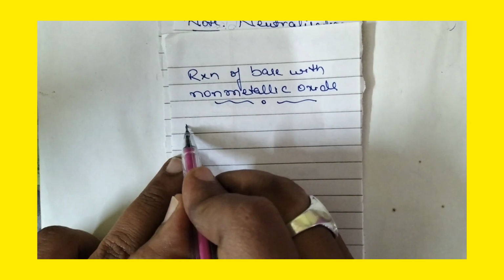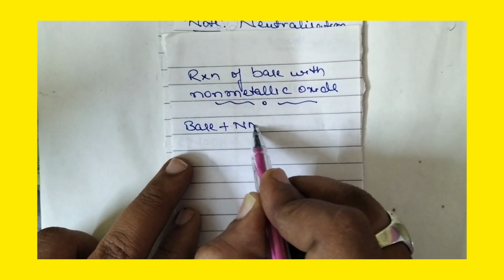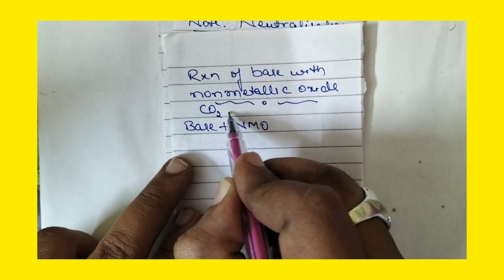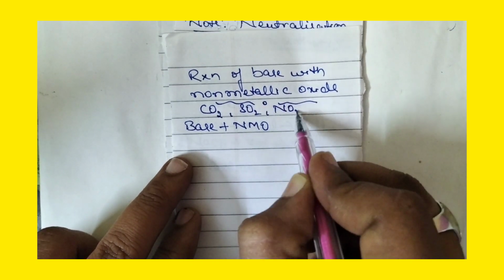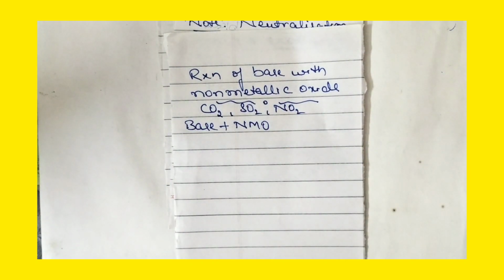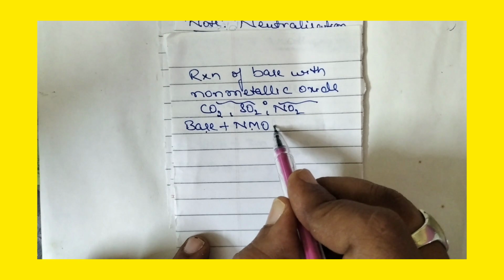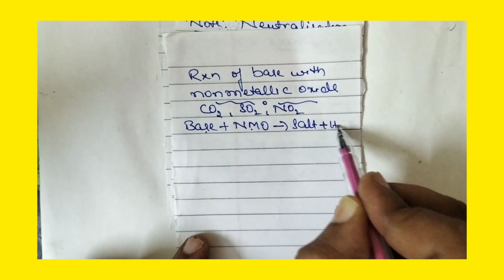Examples of non-metallic oxides are carbon dioxide, sulfur dioxide, nitrogen dioxide. These are the non-metallic oxides. Base reacts with non-metallic oxide to form salt and water.